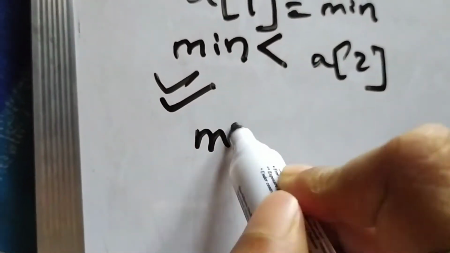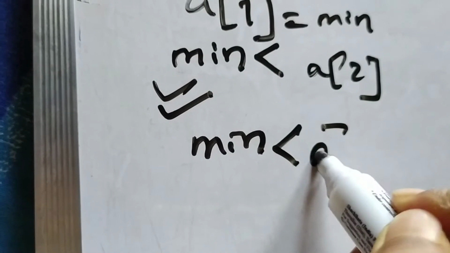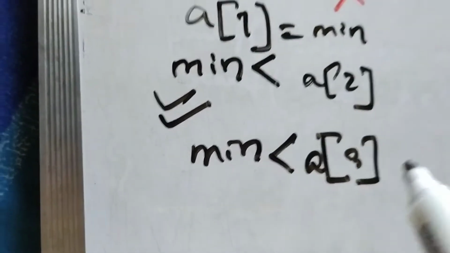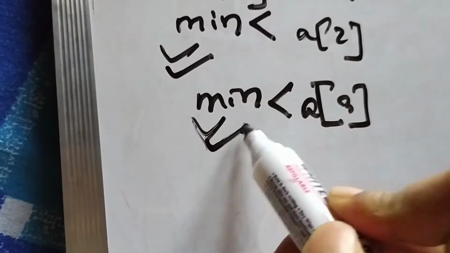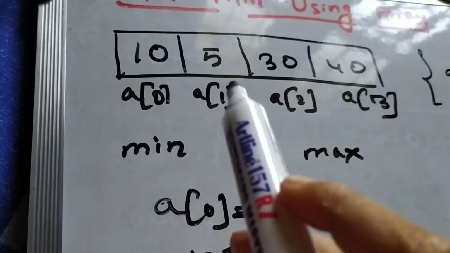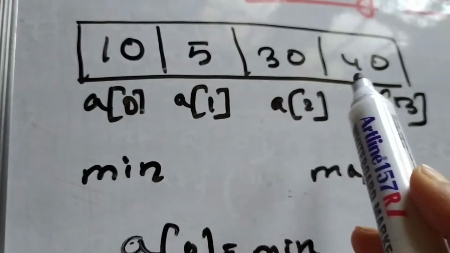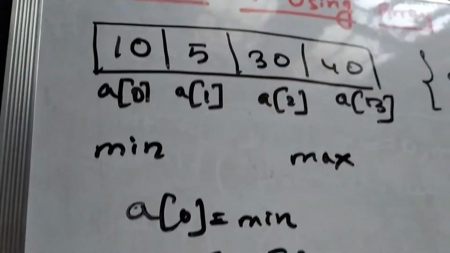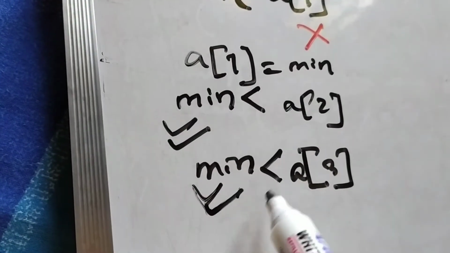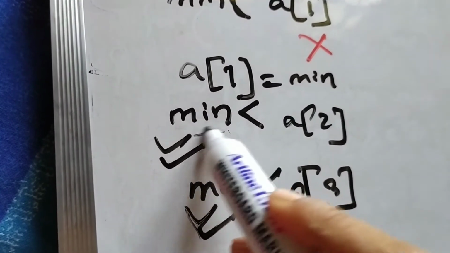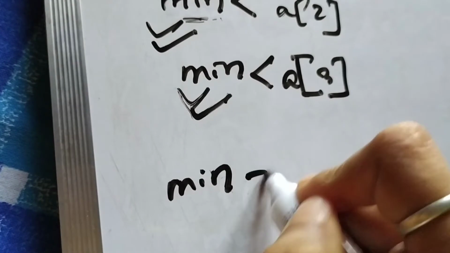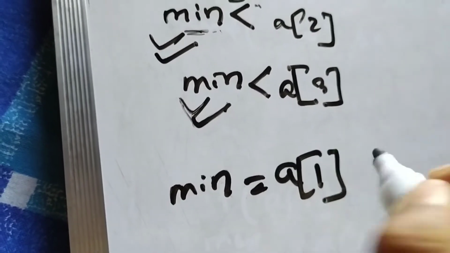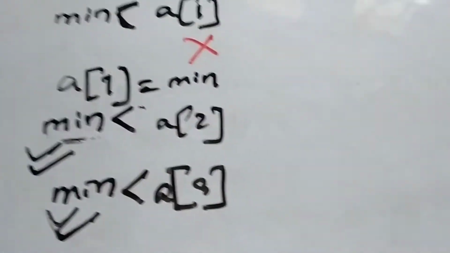Minimum less than a3: a3 is 40 and a1 is 5, so again this condition will be satisfied. The minimum of all those four numbers is a1. So minimum equal to a1. In this way we will get the minimum value.